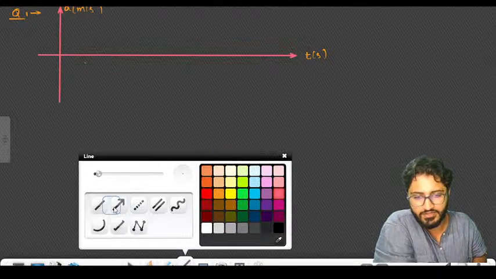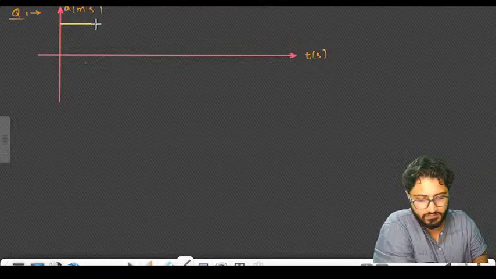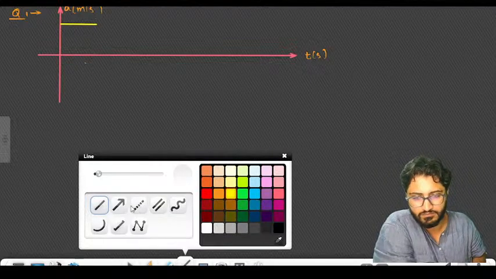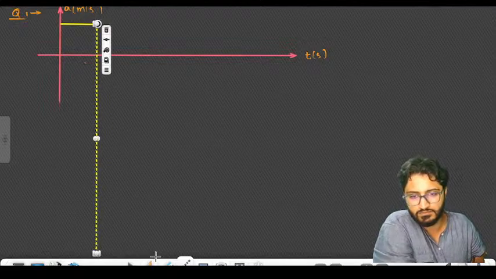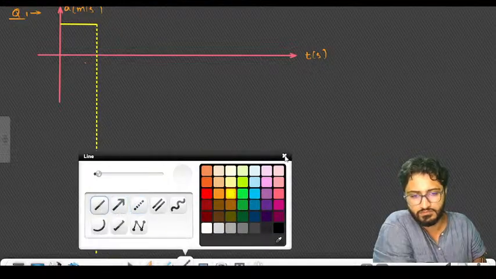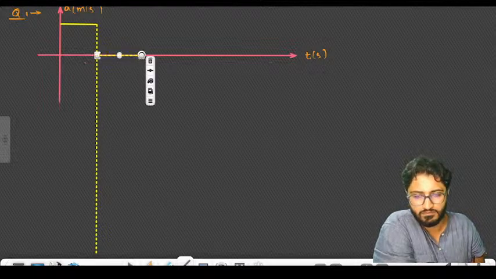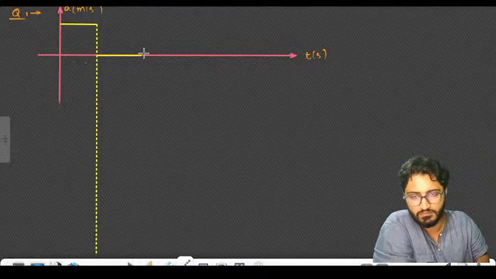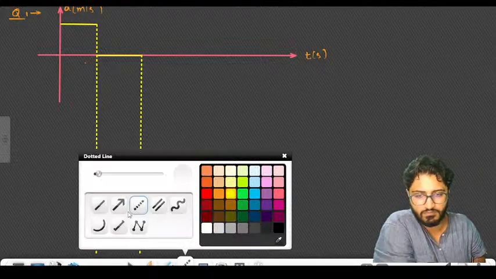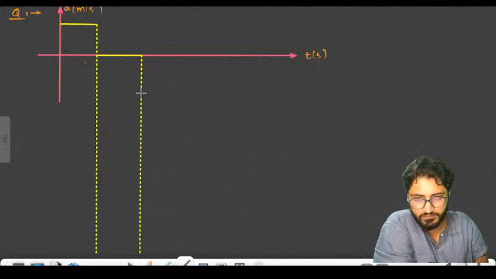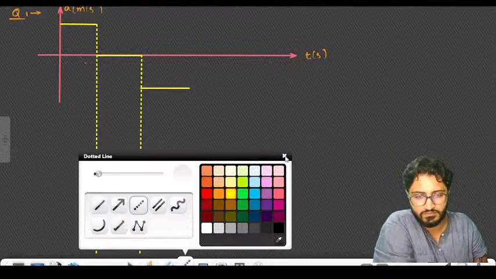So I have to make each and everything in detail now. So I'm making the graph now.